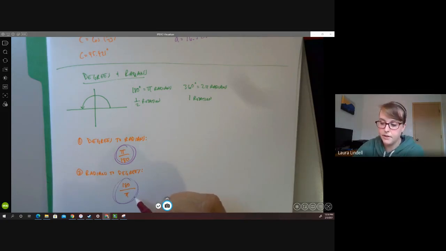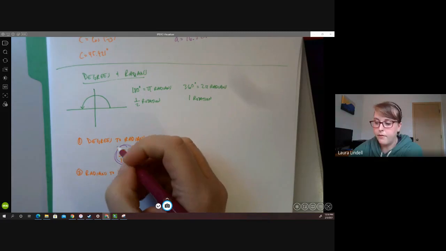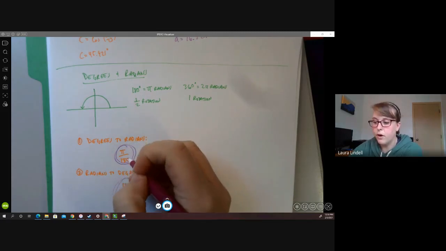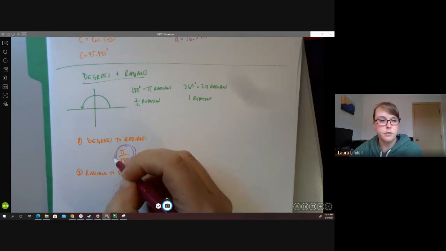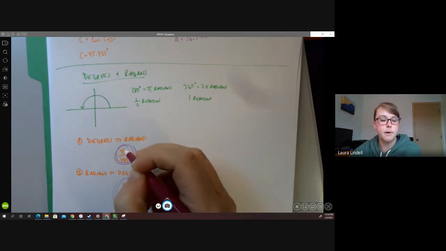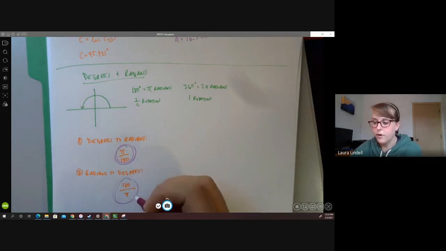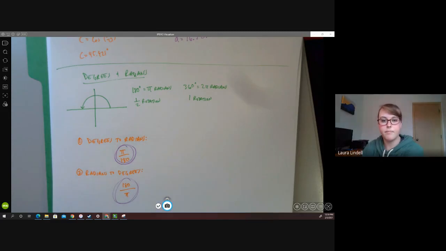That's mainly because if you're going degrees to radians, then you want the degrees to cancel out. So you're multiplying degrees by pi over 180 because you want the degrees to cross cancel. When you're going the other direction, radians to degrees, you want the radians to cancel out. And so you're multiplying radians by something over radians.